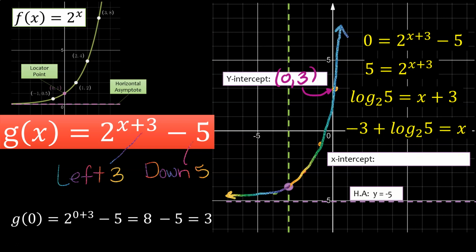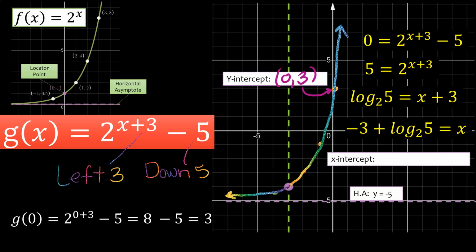And I kind of like writing the negative 3 in the front rather than in the back because it looks like log base 2 of 5 minus 3 if you write it in the back, right? So I like to write that negative 3 plus log base 2 of 5 just like that, just to have it look a little bit better.